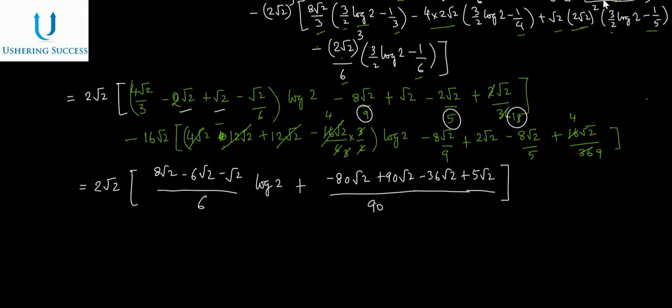So this is the first bracket, and then minus 16 root 2. All the terms here have cancelled out, so log 2 has no coefficient, so we only have the constant terms.